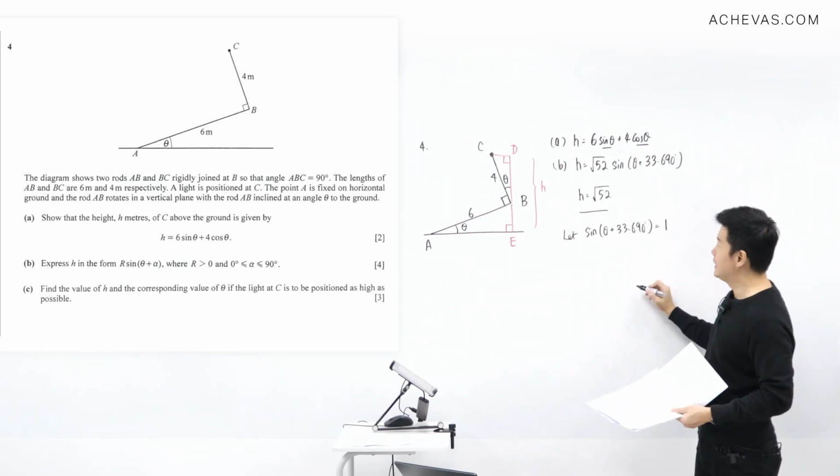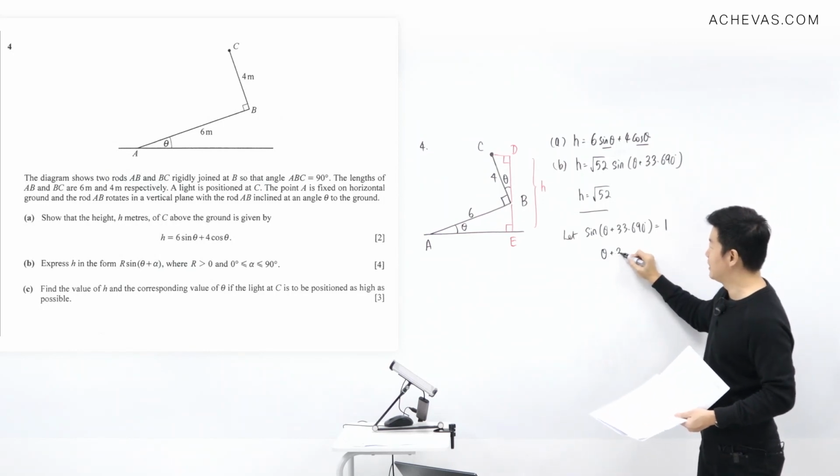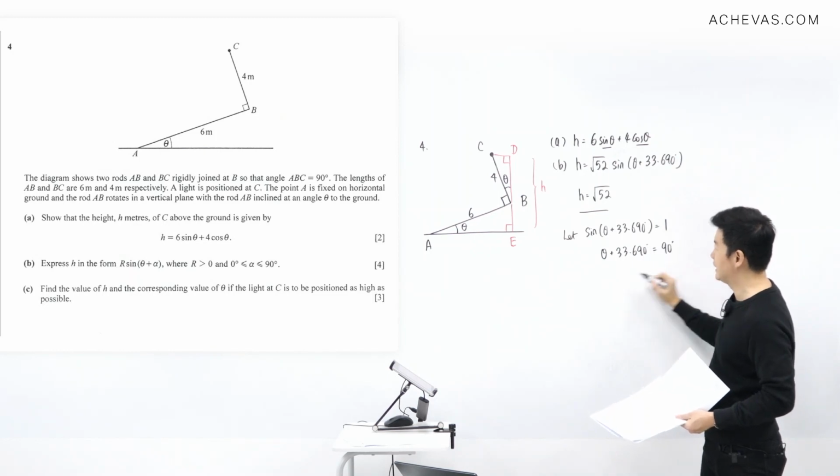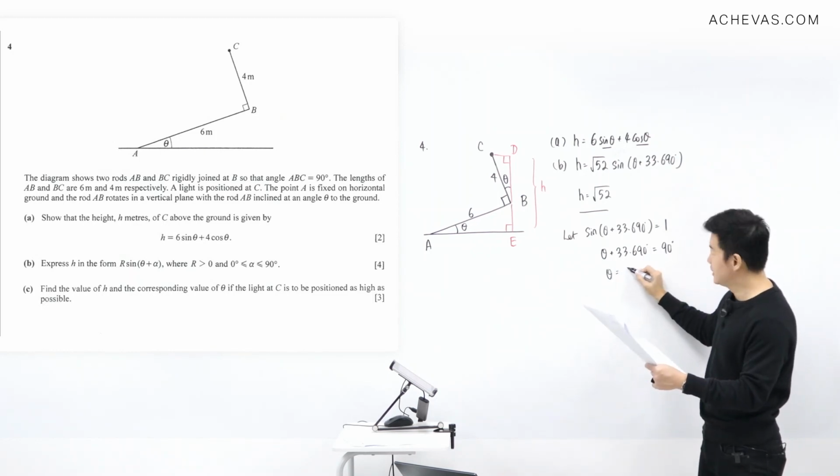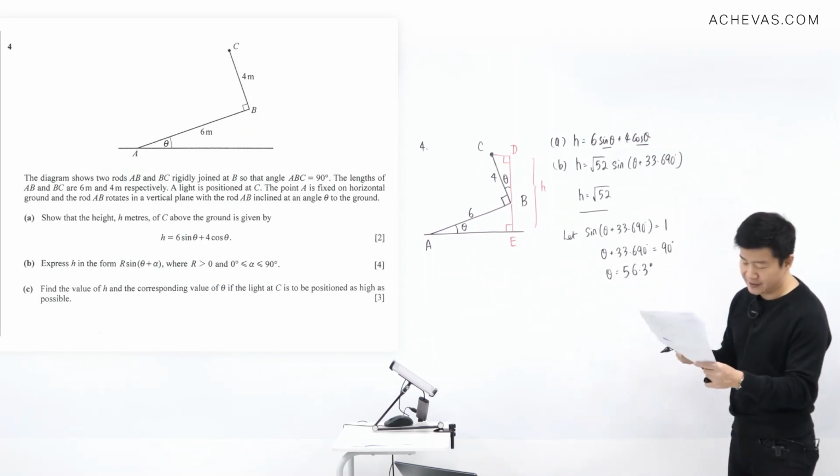So I'm going to be letting this be equal to 1, which means that theta plus 33.690 degrees is going to be equal to 90 degrees. This gives me the value of theta to 1 decimal place is 56.3 degrees.